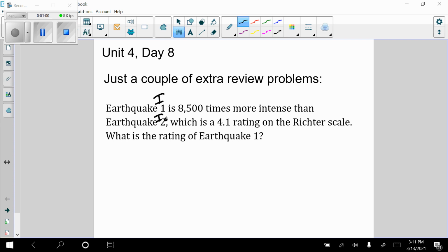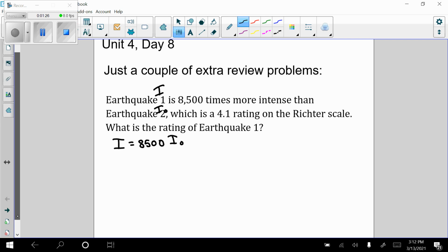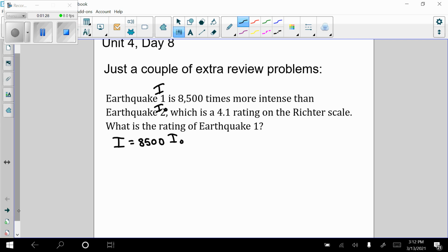Quake 1 is stronger than quake 2. So for my formula, I is equal to 8,500, sorry, times I sub 0, which is my weaker one. So I need to find out that difference between the two quakes by using my log formula.